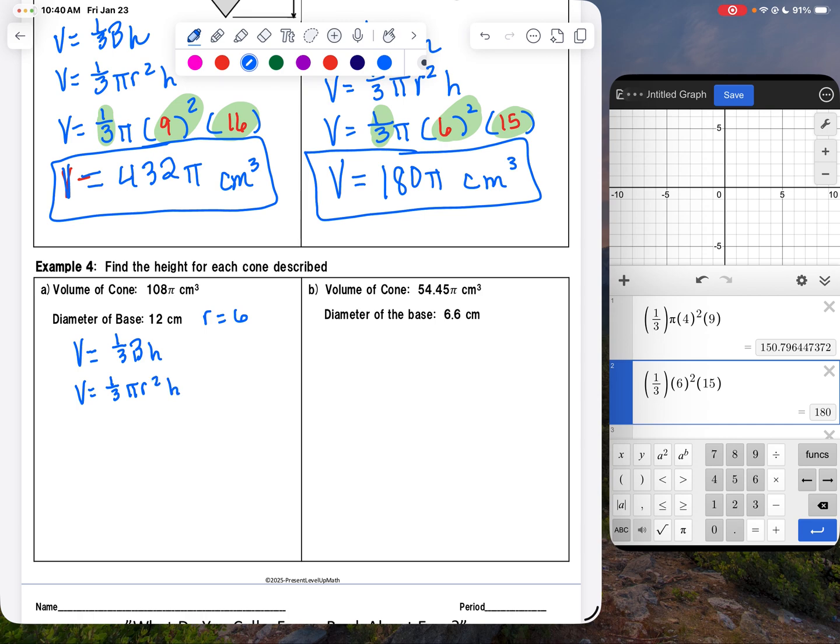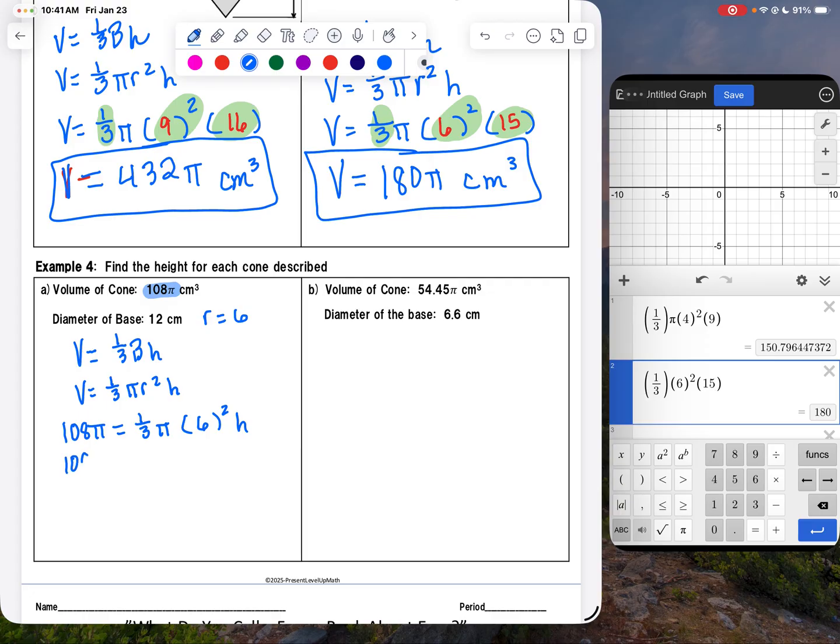Now let's plug in what we know in this problem. We know the volume we were given was 108 pi. So 108 pi is equal to 1/3 pi times 6 squared times h. So we don't know h. All right. Now I'm going to simplify the right side.